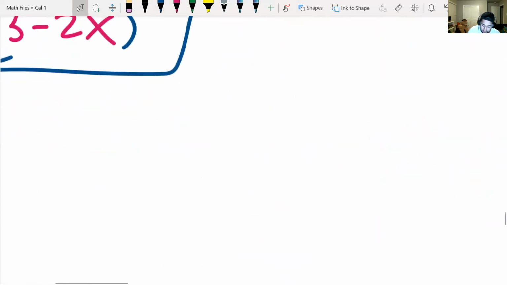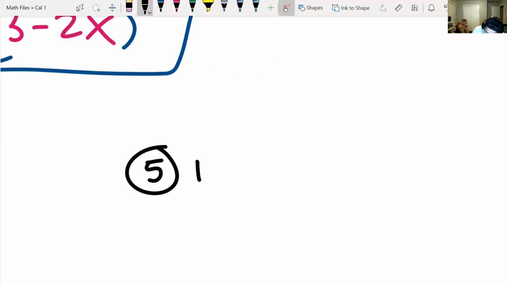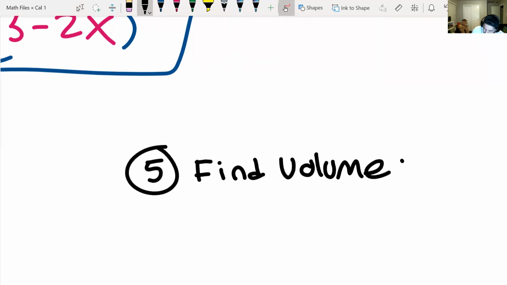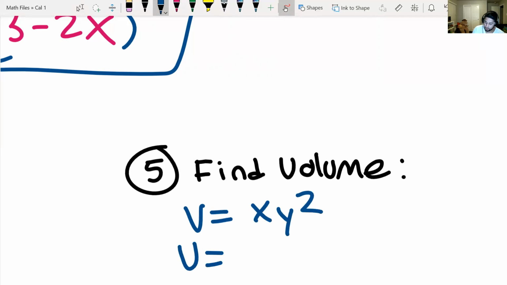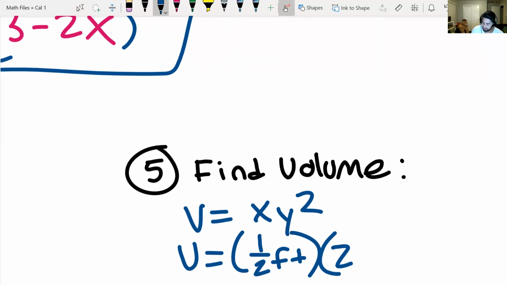So here's number 5. Volume equals x, y squared. So we get V equals 1/2 foot times 2 foot squared.